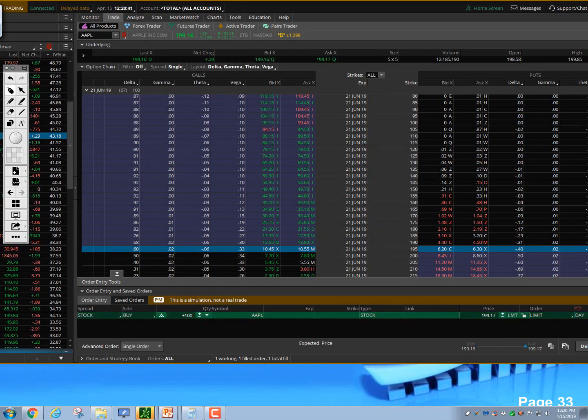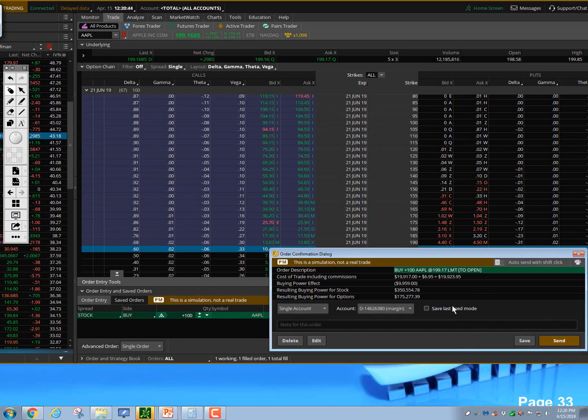I actually want to confirm it. So let's confirm it. And you can see it's a $200 stock. I got 50% margin, so it's half of that. It would normally cost me, for 100 contracts, $20,000. Cost of the trade is $20,000. My buying power effect is half of that, because I've got 50% margin.